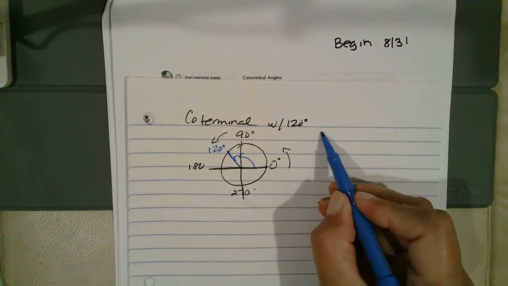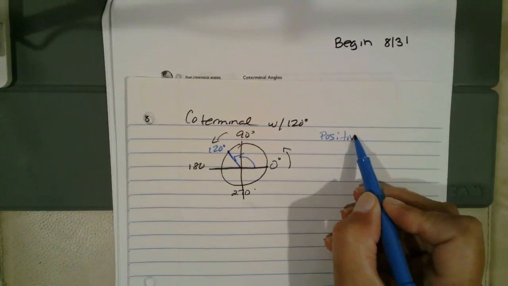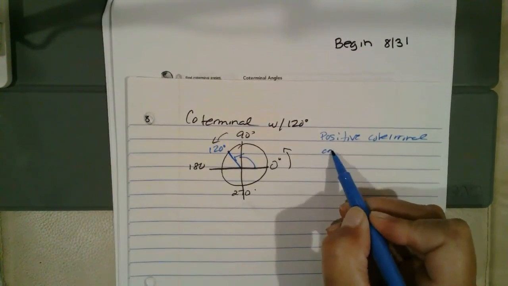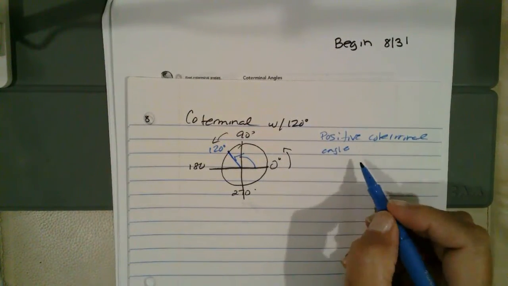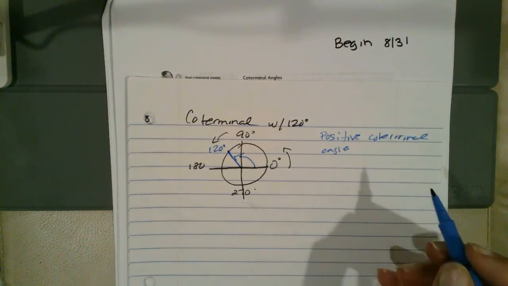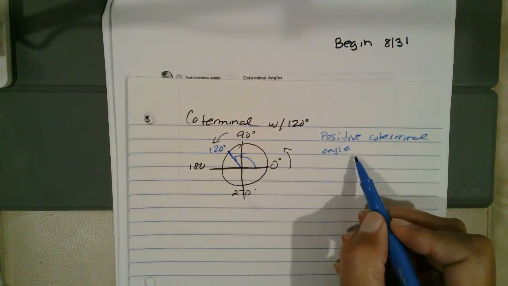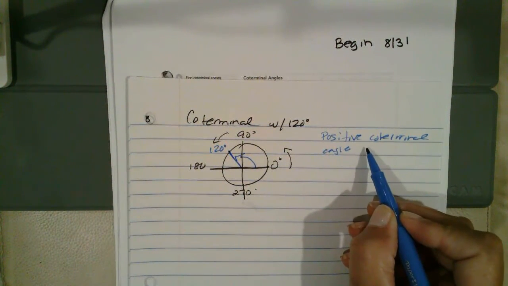If I want a positive coterminal angle, I could go around the circle one more revolution and end up at the same position. It amounts to adding 360 degrees.